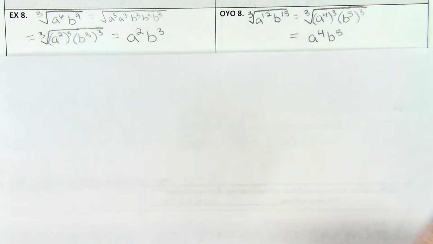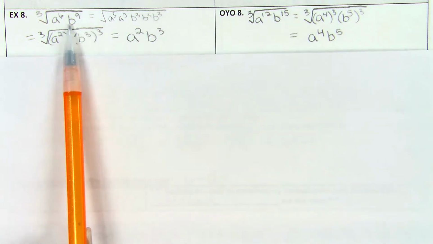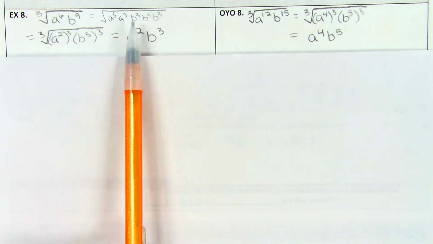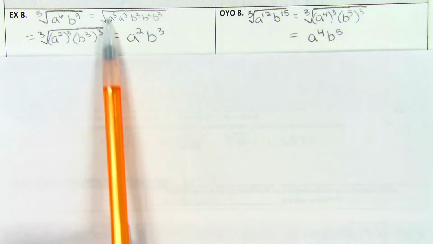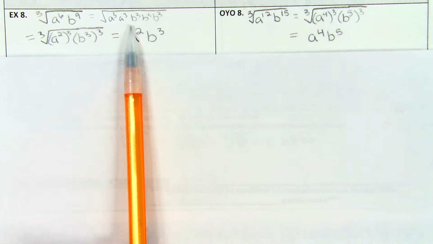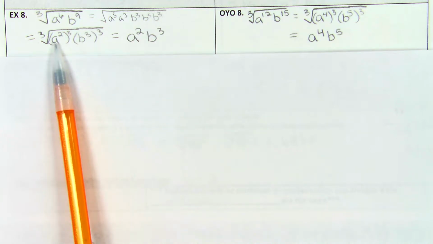So we just expanded a to the 6th out into perfect cubes. Same idea with b to the 9th. b to the 9th is b cubed times b cubed times another b cubed. See how many we have here? We have two a cubes. This is a squared being cubed.